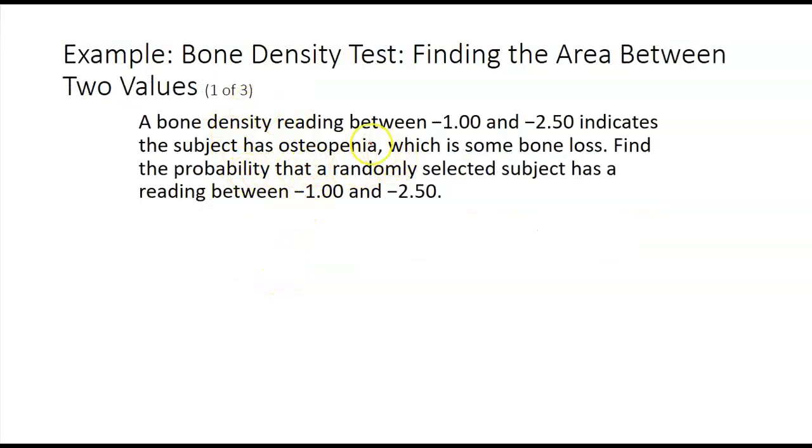Okay, the last one of this example here, we're looking at a bone density reading between -1 and -2.5. So we start out with the mean in the middle here. Here we'll say is -1, -2.5. So we're looking to find this probability here.